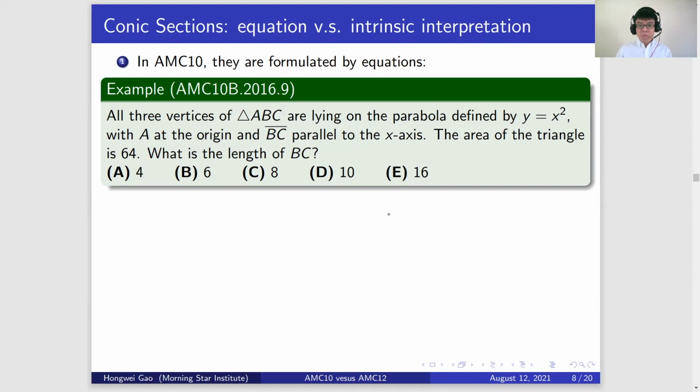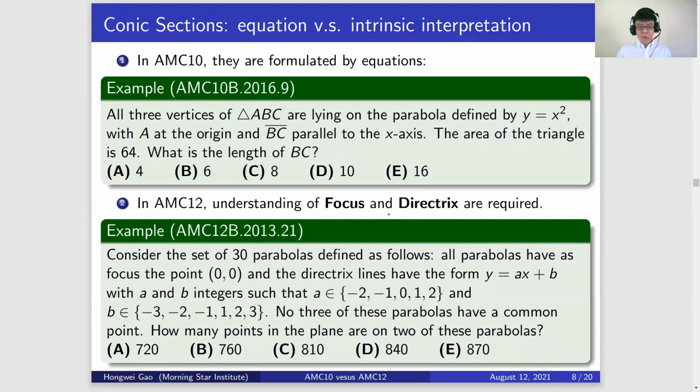We can see this parabola is given explicitly by a standard formula. But in AMC12, a parabola may appear in terms of intrinsic geometric interpretation using focus and directrix. Here I'm showing you another example from AMC12.